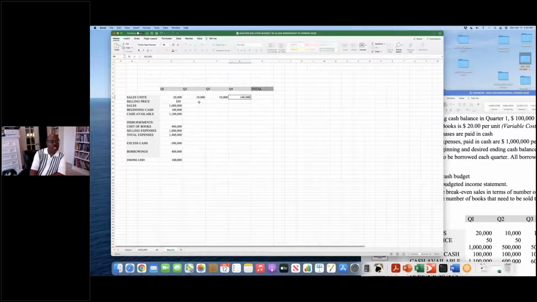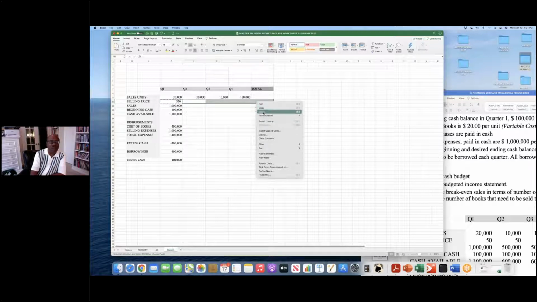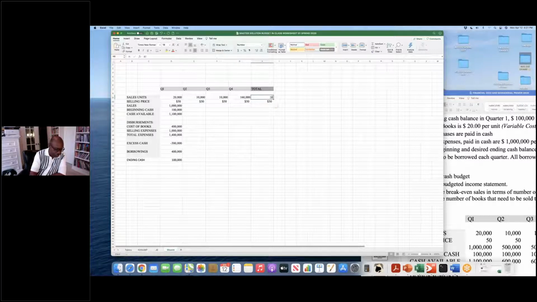All right, so when we sell 10,000 at $50 each, let me just copy this. So we're going to eventually get to 200,000 books, right? Correct. So what's it going to look like in quarter two?